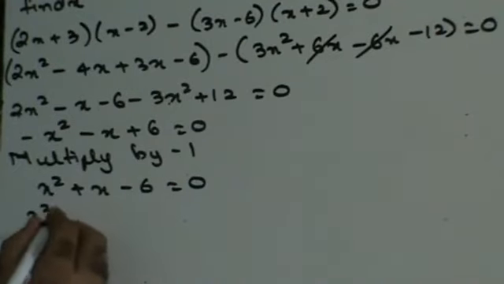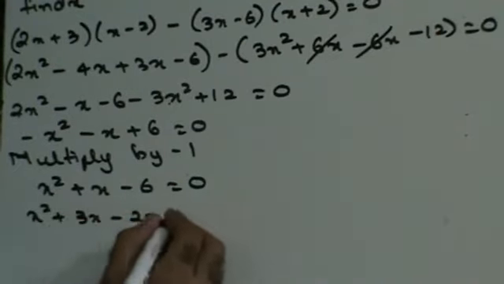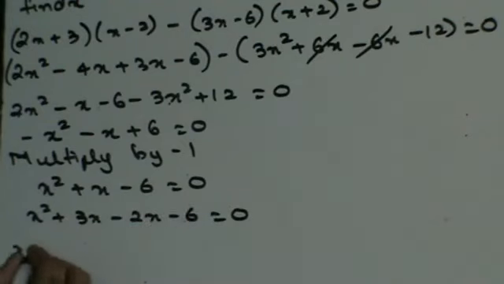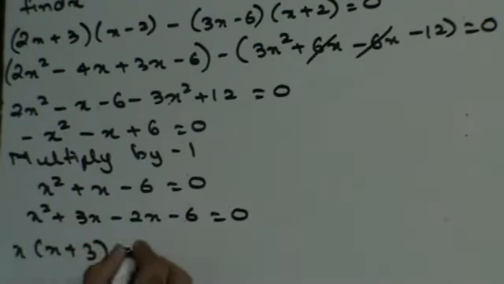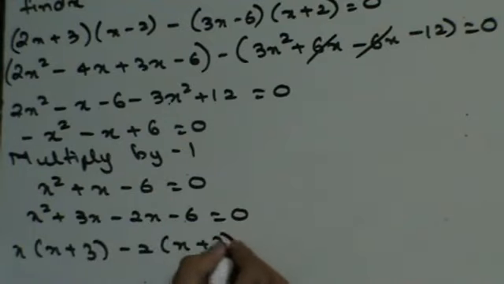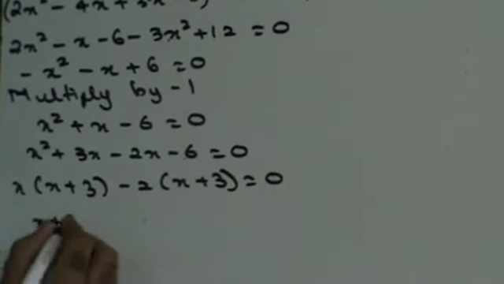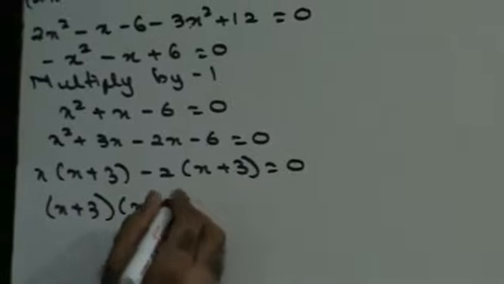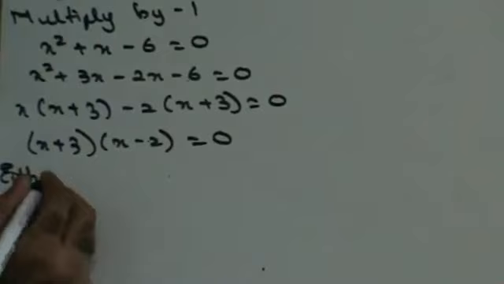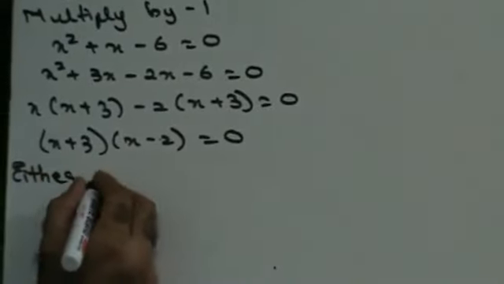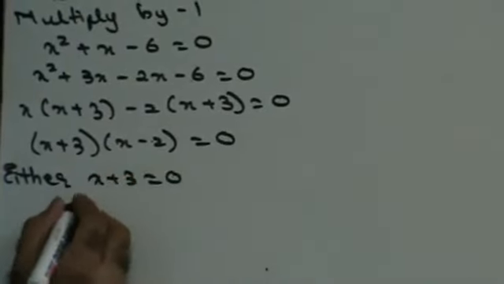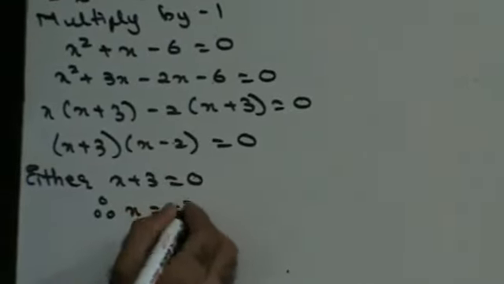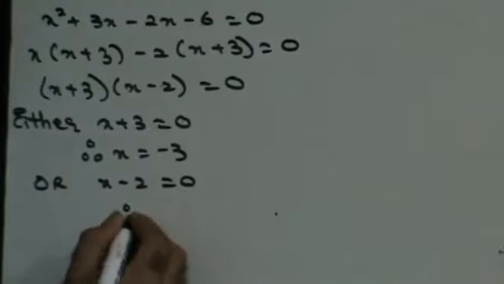So this is x square minus 3x plus 2x minus 6 is 0. x into (x minus 3) plus 2 (x minus 3) is 0, common bracket x minus 3, uncommon bracket x plus 2. Either x minus 3 is 0, therefore x is equal to 3, or x plus 2 is 0, therefore x is equal to minus 2. Right?